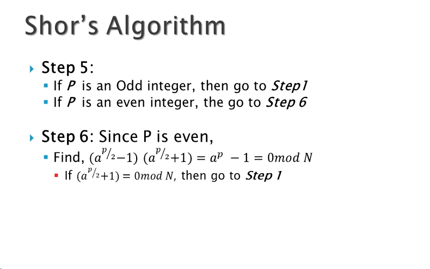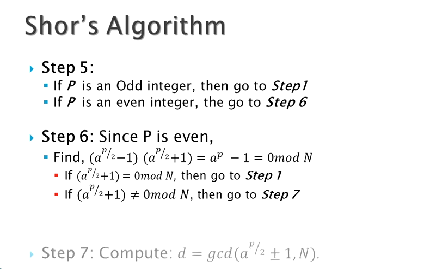If a^(p/2) + 1 equals 0 mod n, then we have to go back to step 1, because there exists a trivial solution at this stage. But if a^(p/2) + 1 is not equal to 0 mod n, then we go to the next step, which is step 7.